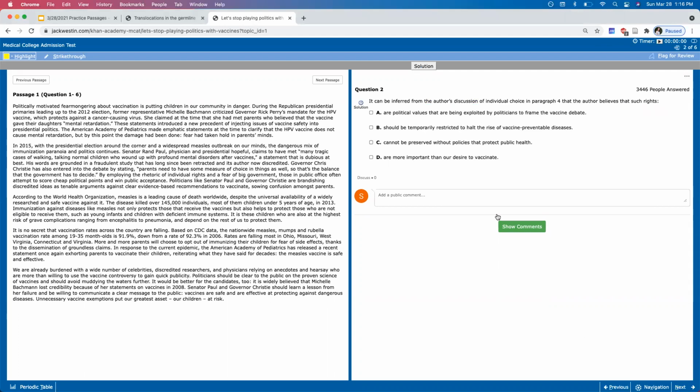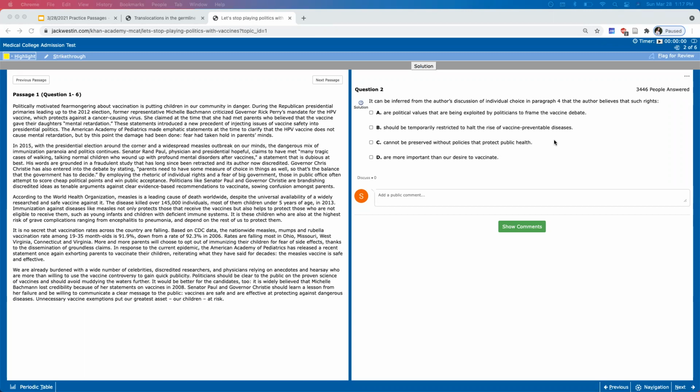Okay, number 2. What did you guys put for this? So why was the author's discussion of individual choice mentioned? Okay, so we did talk about how the politicians are framing the vaccine to take advantage of that.